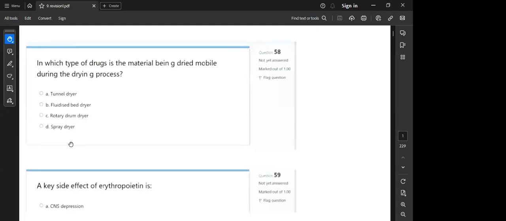Ah, okay. The rotary drum dryer is one where we put them and then the thing rotates.